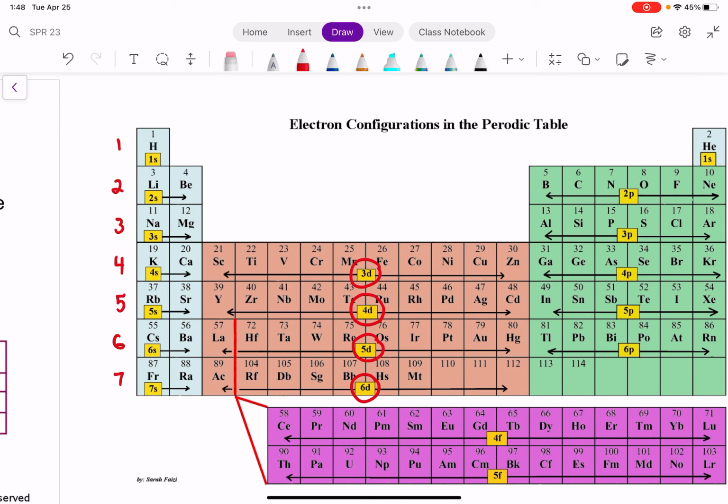So what you'll notice is that this is period 3, but there's a little step down here, and this is still 3d instead of 4d, even though it's in that row. And that's to indicate the change in the way that those sublevels are filled.